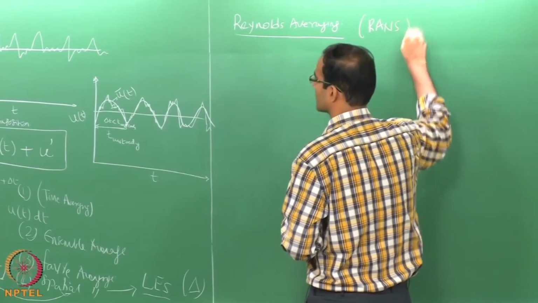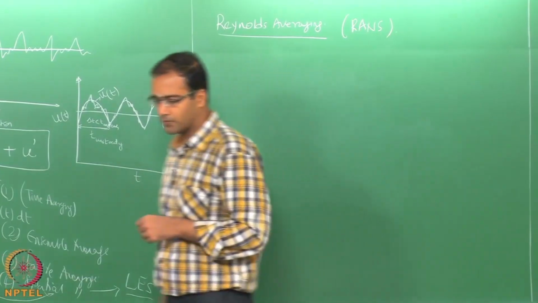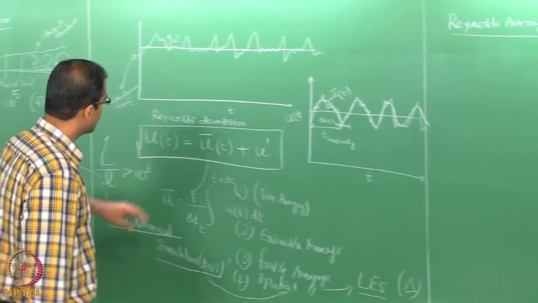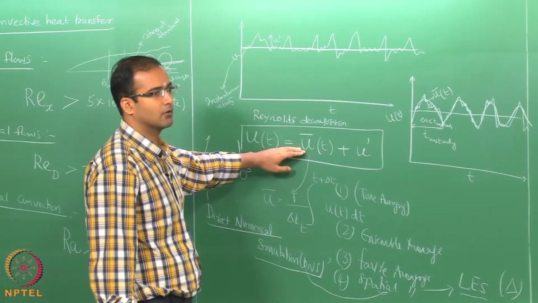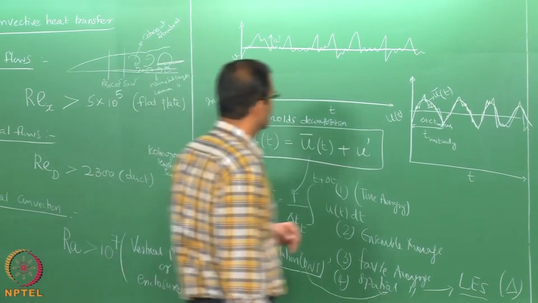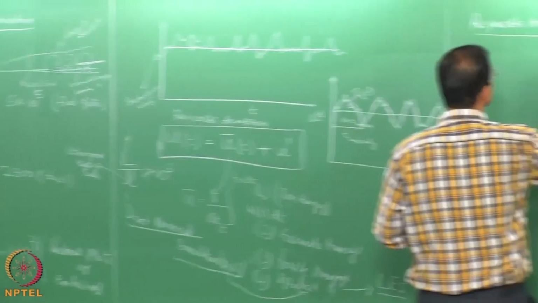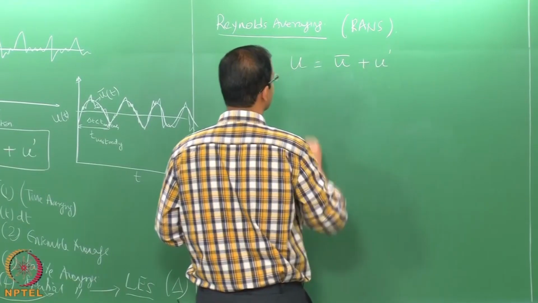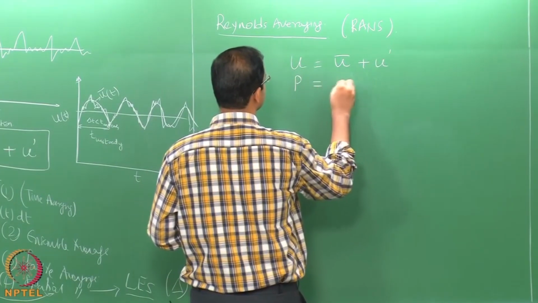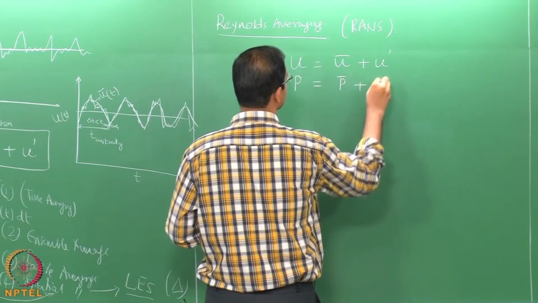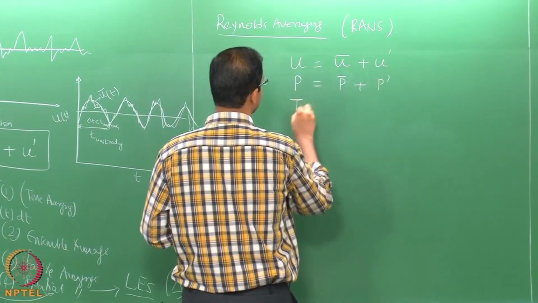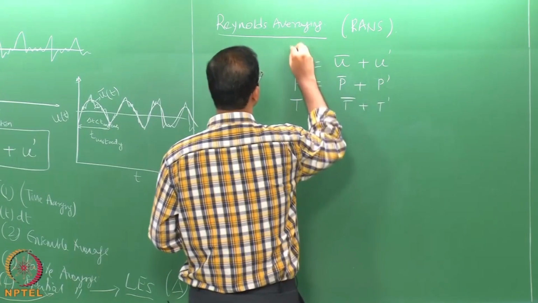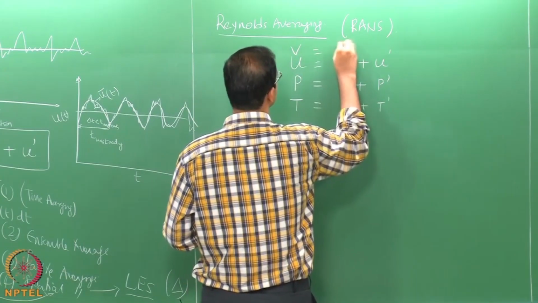Now, before we do this, we also have to decompose all the flow parameters, not only the velocity, but also what are all the other things in the Navier-Stokes equation? Pressure, for example, and finally in the energy equation we have temperature. You can do the same thing for the V velocity also.